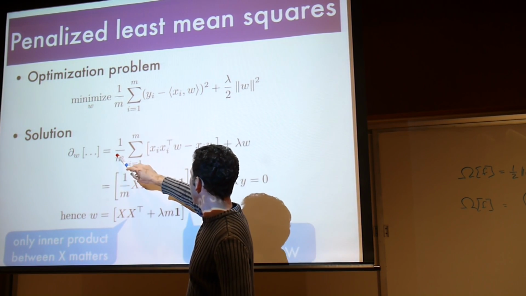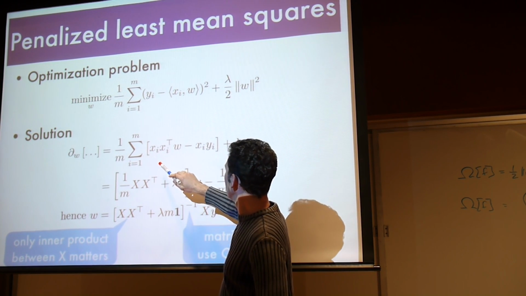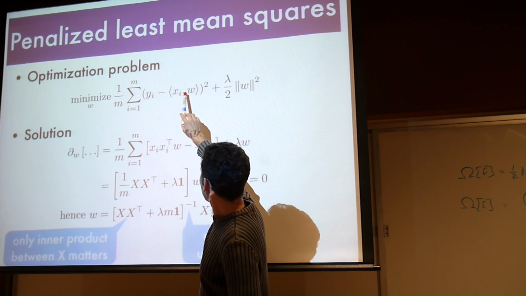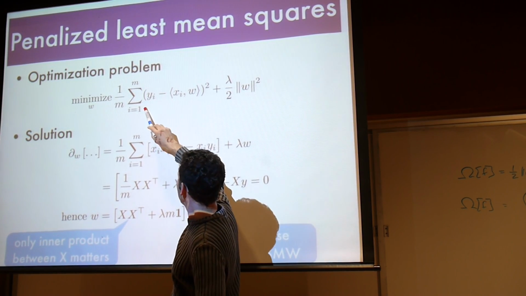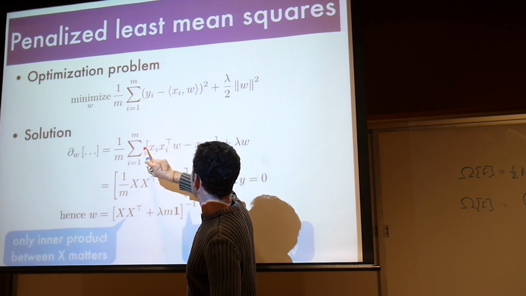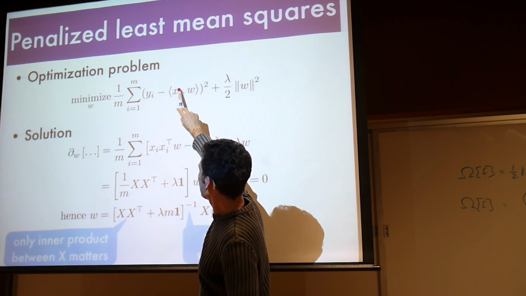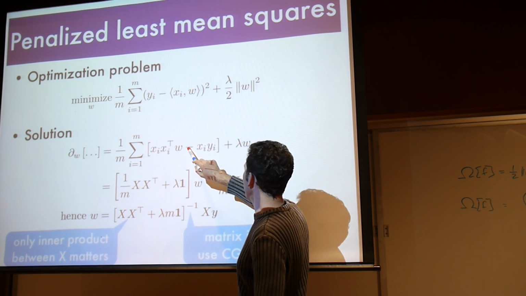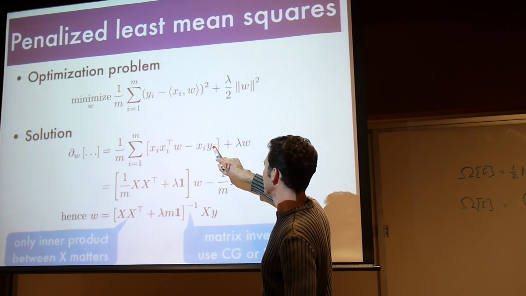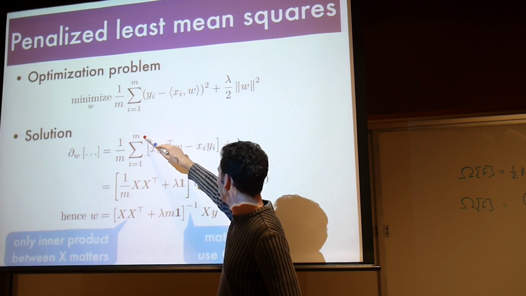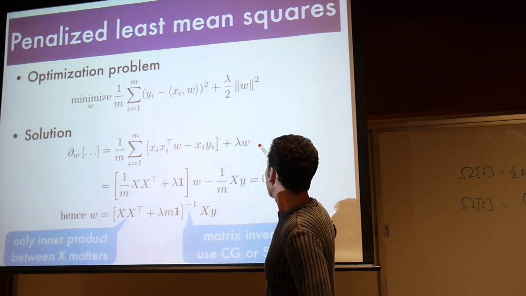Taking the derivative gives me, well, what do we get? The 1/2 goes away with the 2 up here, so we get x_i times x_i transpose w from this term, minus x_i times y_i, summed over all i from 1 to m. And I add to that lambda times w.